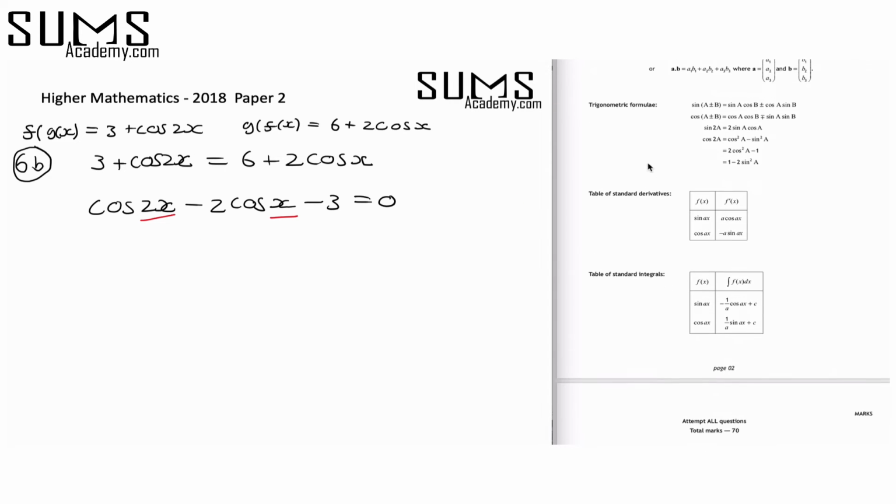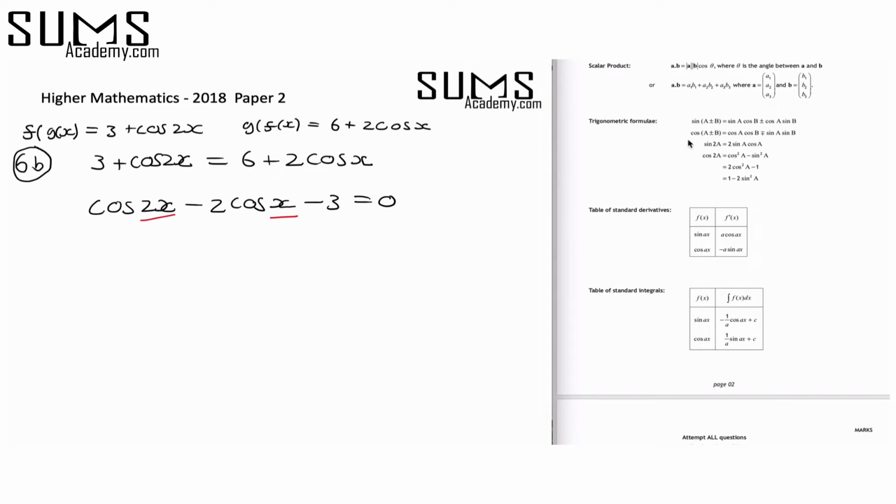If you go up to your trigonometric formulas, you'll see that cos 2x has several expressions, but the one that would be most useful to us here is 2 cos squared x minus 1. So this then becomes 2 cos squared x minus 1 minus 2 cos x minus 3 equals 0.